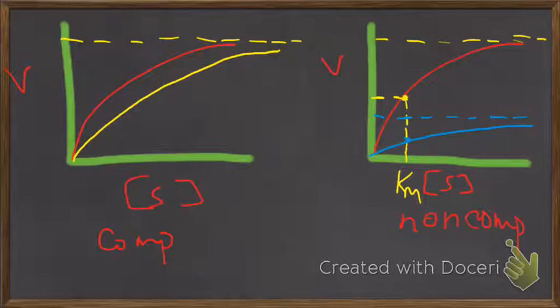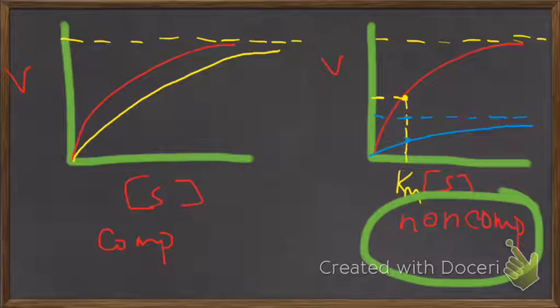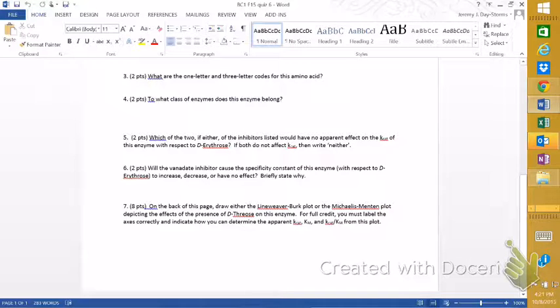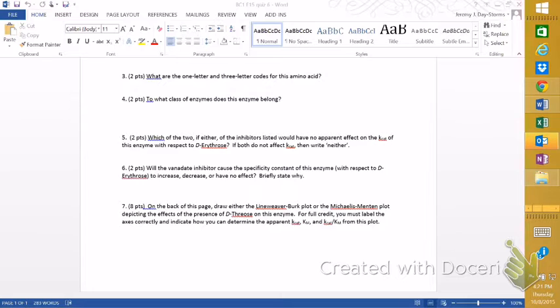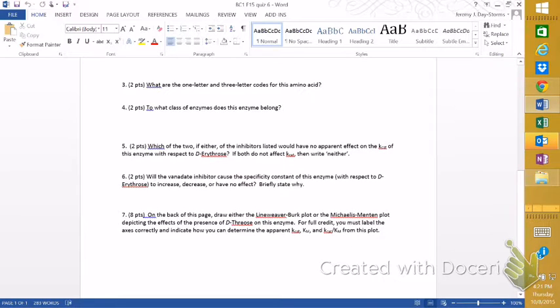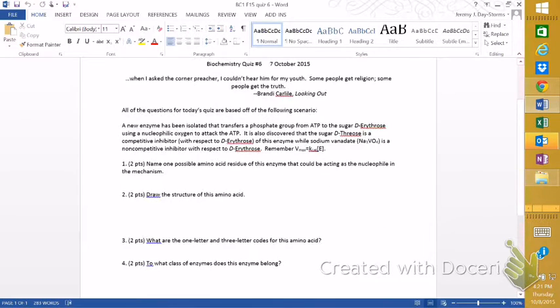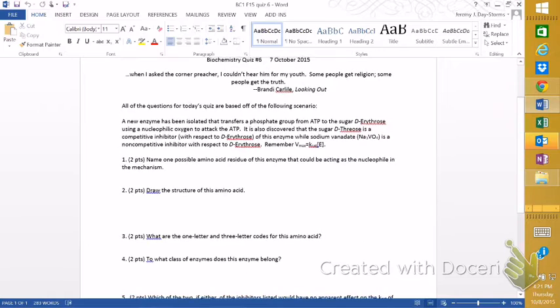So the answer would actually be the non-competitive inhibitor affects Kcat, whereas the competitive does not apparently affect Kcat. Right? So if you look at the answer, the one that would affect it would be the non-competitive, and that's the vanadate.